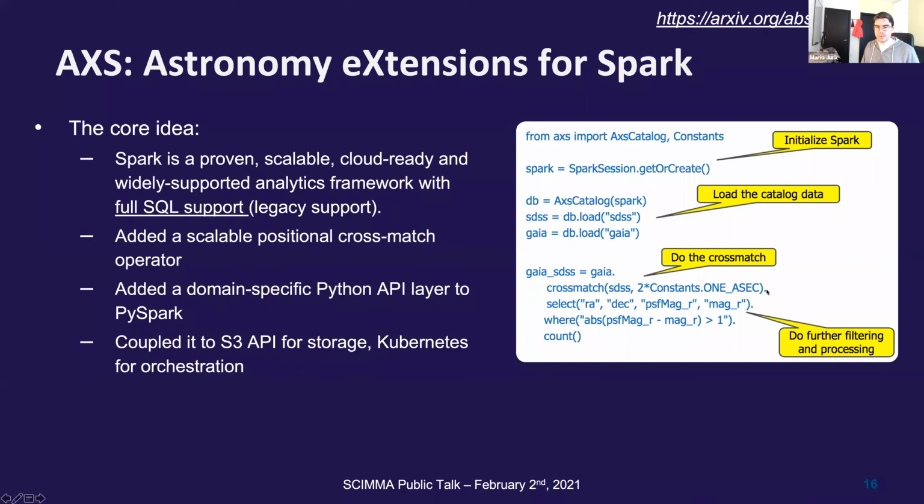Then on the result, do some selection and filtering. This all runs on the fly. So if somebody uploads a third catalog, you can immediately run a cross-match over it. There's no need to build cross-match tables or anything like that.